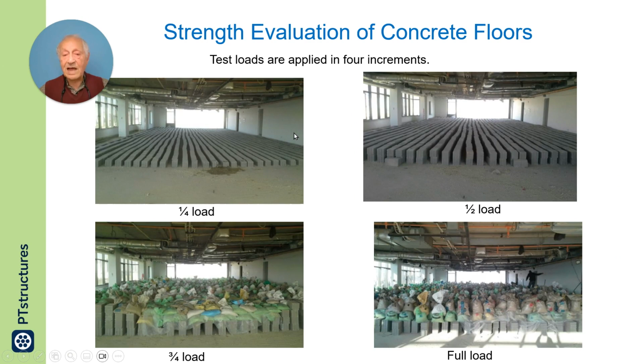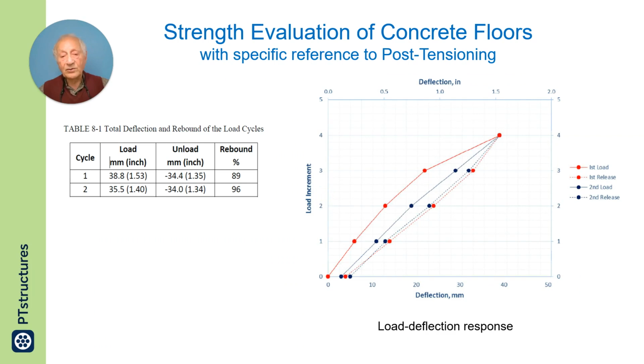ACI says apply the load in 4 steps. Here I have a quarter of the load on the top left, half of it, 3/4, and the entire load. And for each load, measure the displacement, wait until the slab is settled in its deformation, and unload back and forth 4 times.